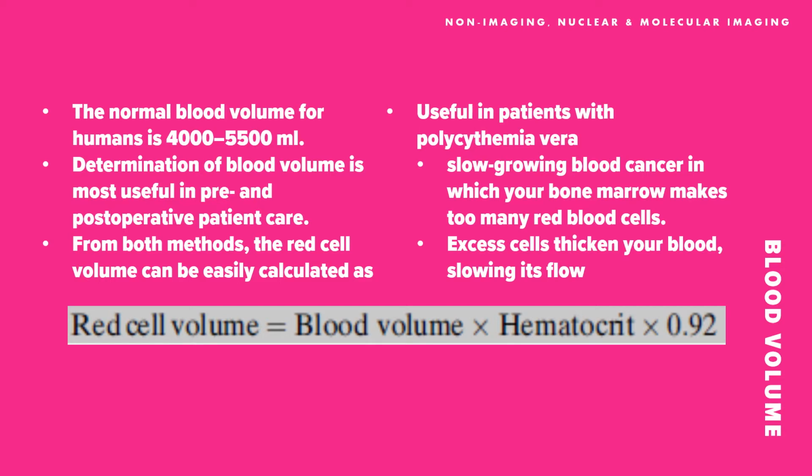We can also use this approach with a radioisotope or radionuclide to measure not just the volume of the blood, but also how much red cell is in your blood. The equation for red cell volume is: blood volume times hematocrit, times a factor of 0.92. That gives you the value of red cells available in your blood system.